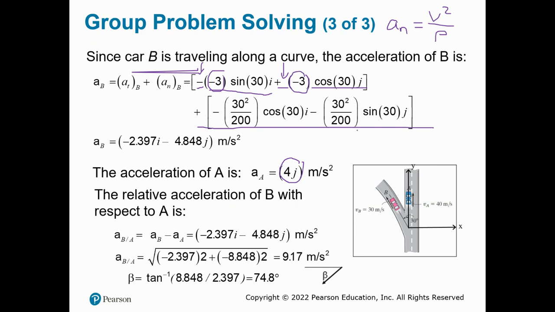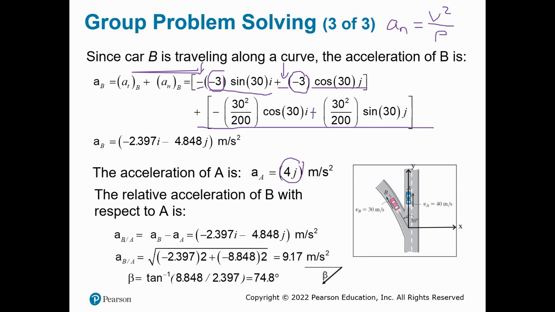So I have 30 squared divided by 200 times cosine 30, and also 30 squared divided by 200 times sine 30. That gives me the i component and the j component of the acceleration normal component. I do believe this should be positive because it's in the second quadrant: negative on the x value, positive on the y value.